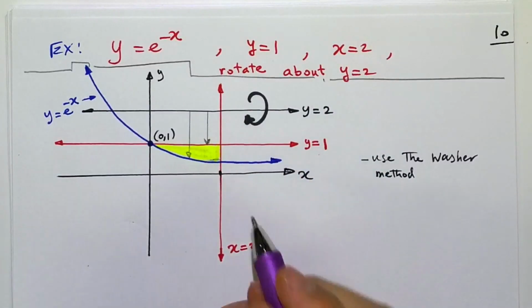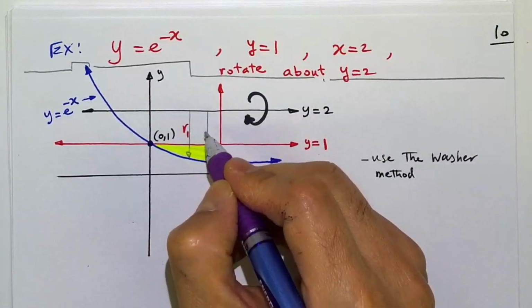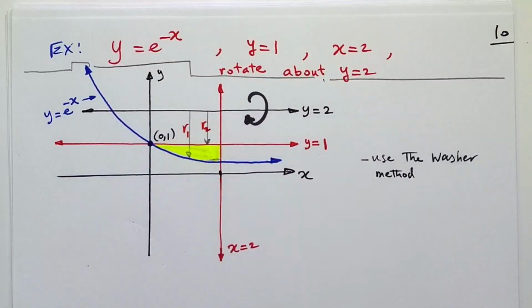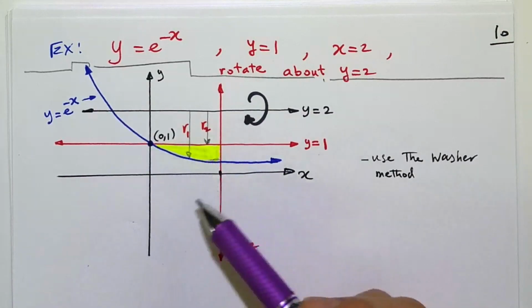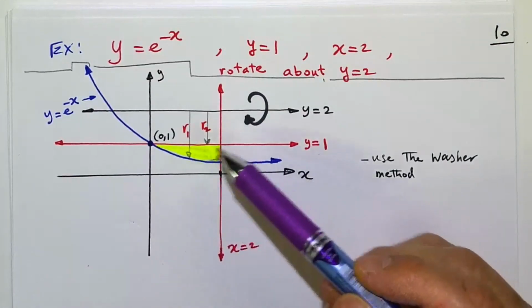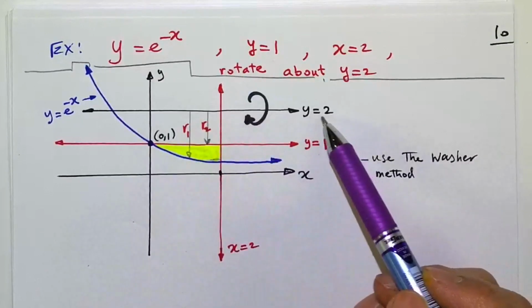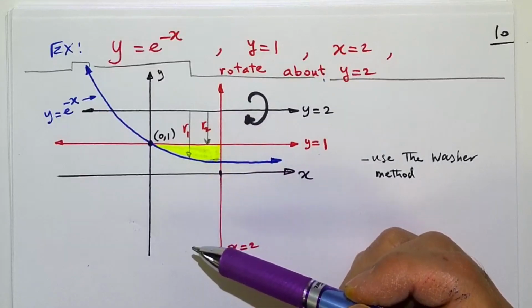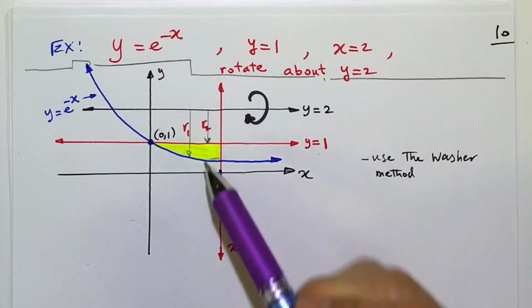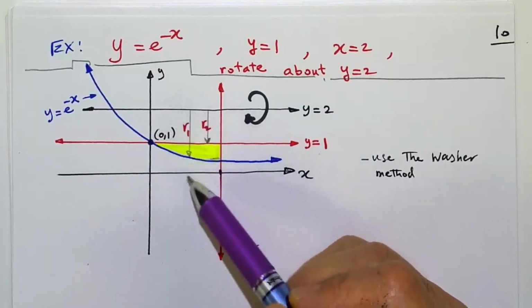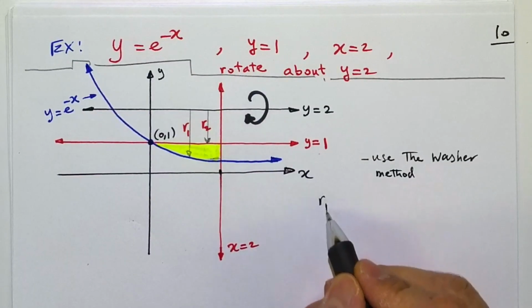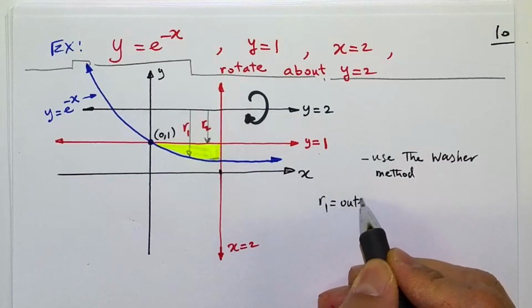Let me call these R1 and R2. So what do you think about R1? As we rotate this region about the y equals 2 line, is R1 the outside radius or the inside radius? It's going to be the outside radius, right? So let's say R1 is the outer radius.